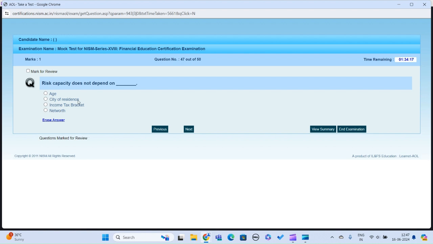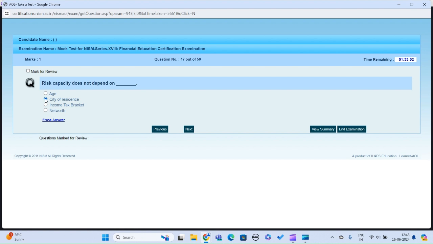Risk capacity does not depend on city of residence. Anywhere, it depends upon the individual. Yes, on age: if you're young, risk taking capacity is higher. So it depends on that. Income tax, yes.